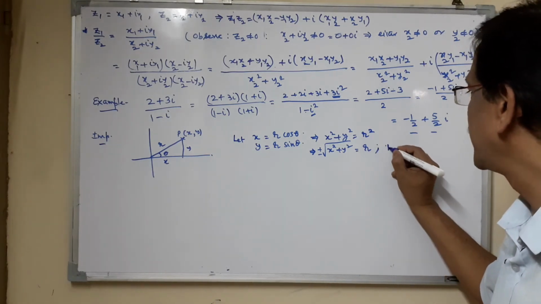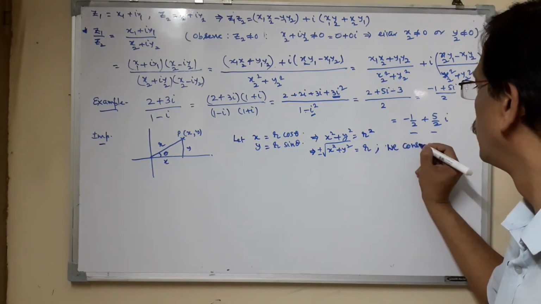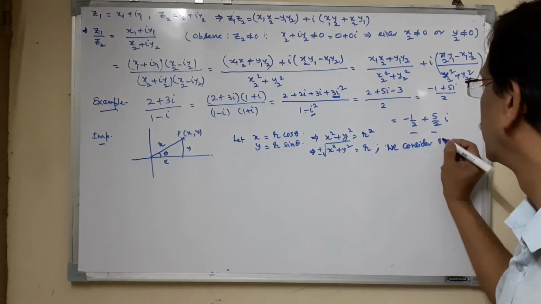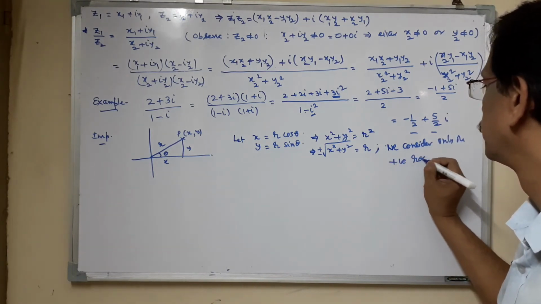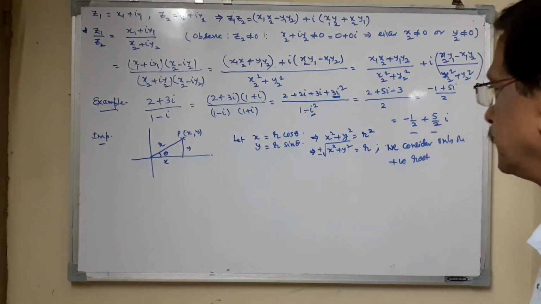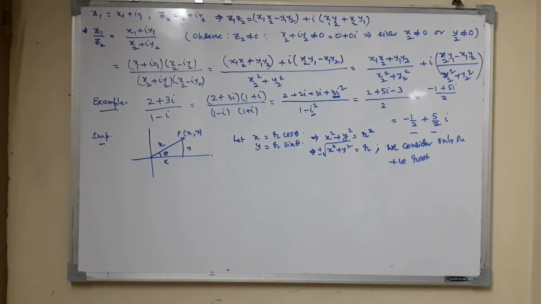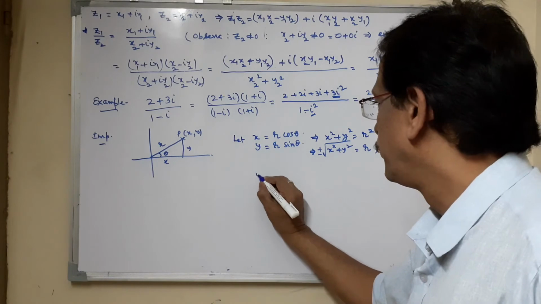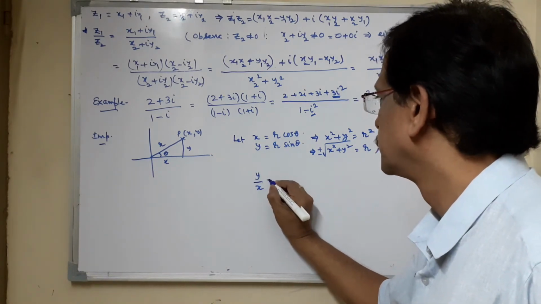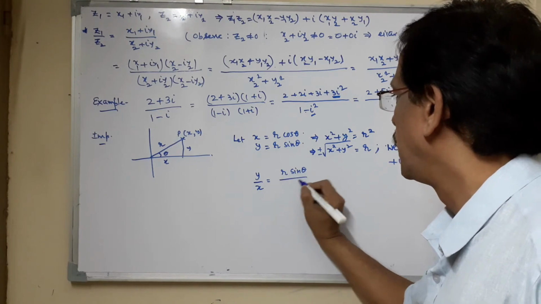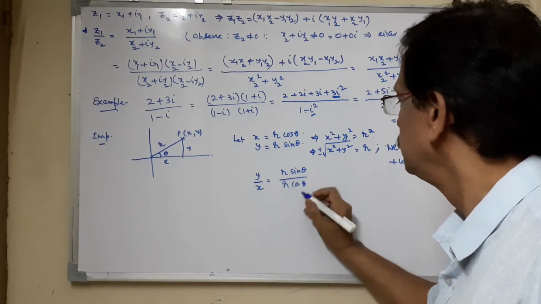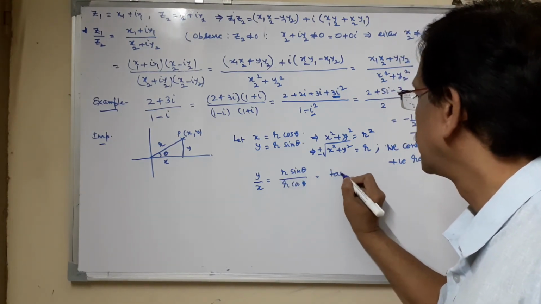Thus, we consider only the positive square root. And what is y by x? r sin theta by r cos theta, which is equal to tan theta.